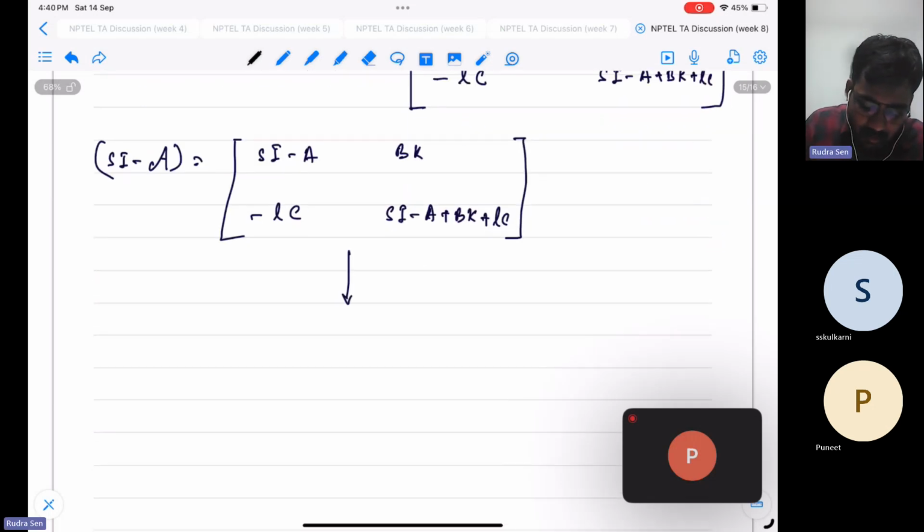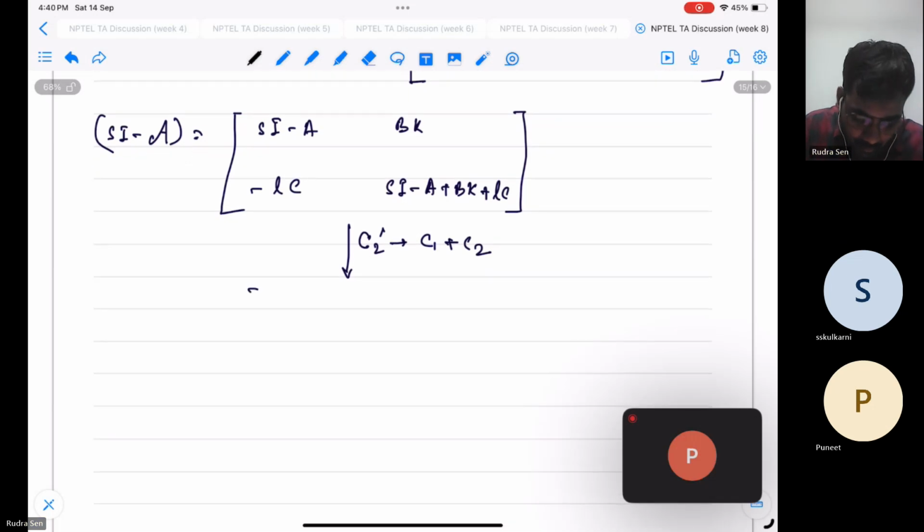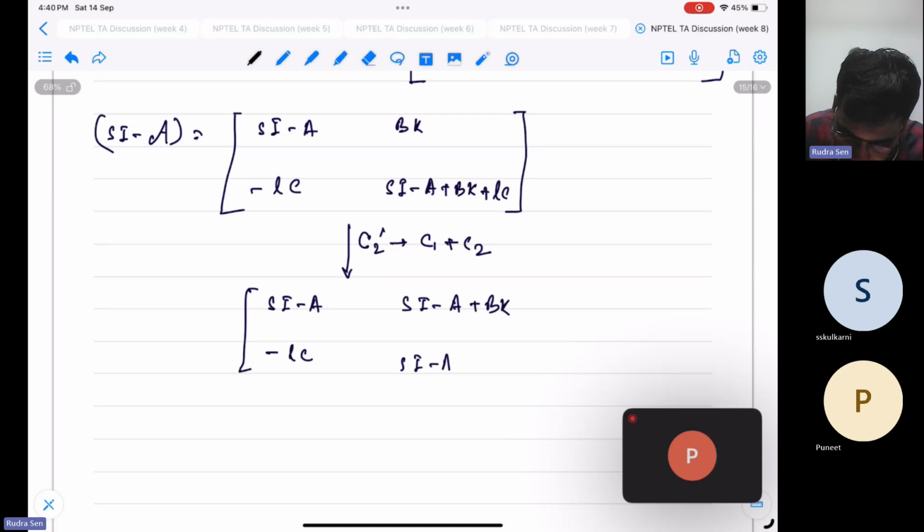Row elimination method, row or column. So what we do is C2 prime is C1 plus C2. So we get sI minus A minus LC, sI minus A plus BK, and here sI minus A plus BK.